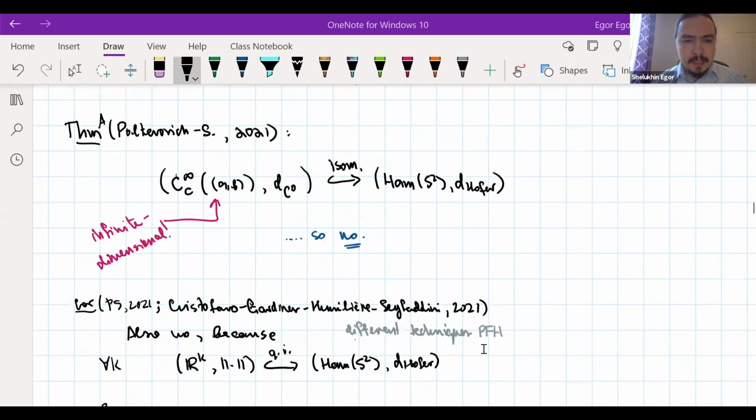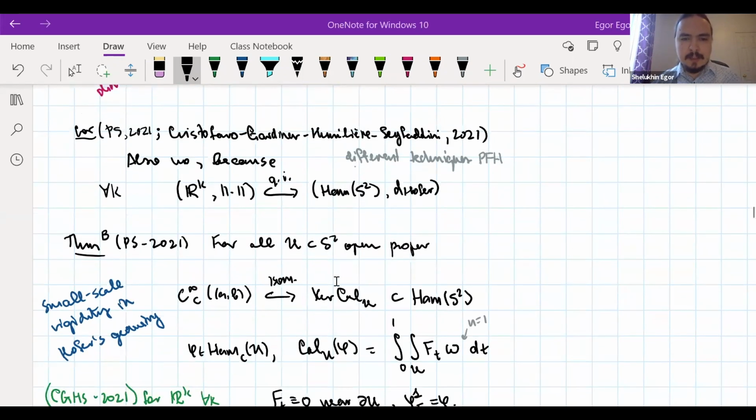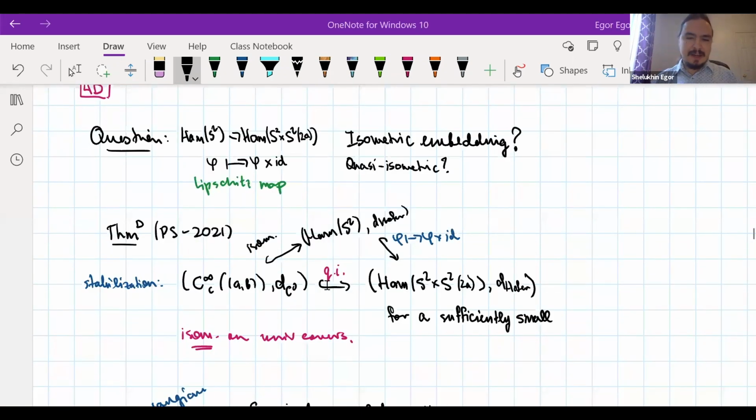Another thing I must say is that in this quasi-isometric embedding, the quasi-isometric constant, this multiplicative error constant, depends on how small A is. The smaller the A is, the worse this constant is.